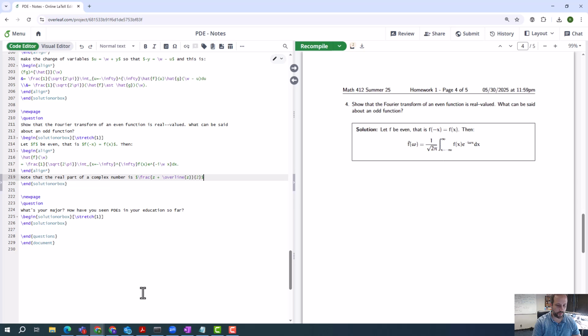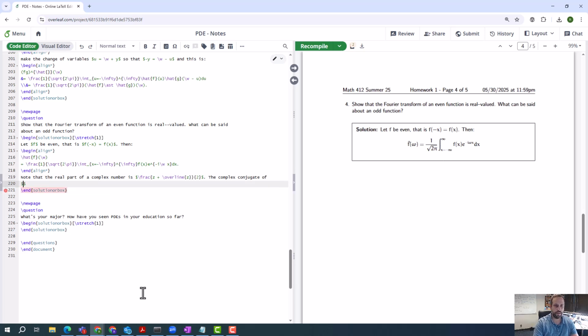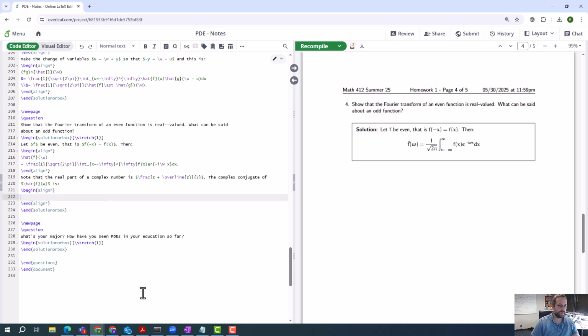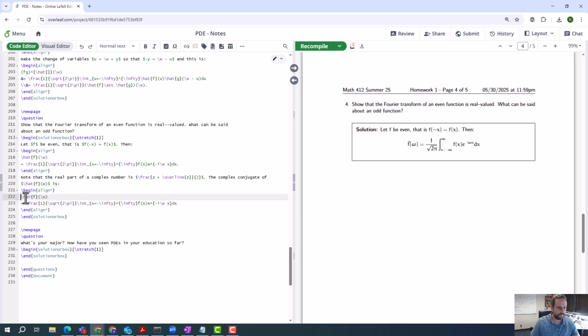So what I'm going to do is compute the complex conjugate of f hat. I'm just going to copy some of this here, and take the complex conjugate of this whole thing.